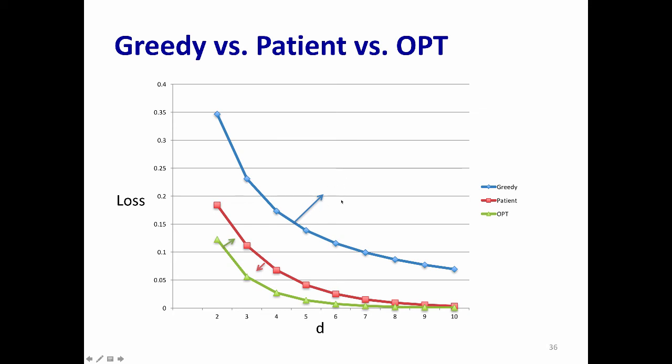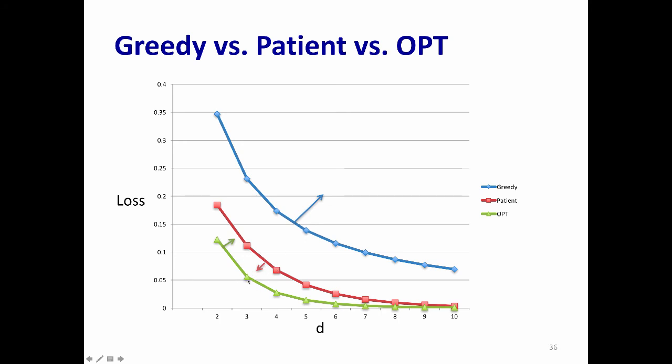So if you greedily match agents, if you try to match as many agents as possible as soon as they arrive, then your loss cannot be below this blue line. The red curve is the upper bound on the patient algorithm. So if you are patient and match critical agents, but then are completely local and naive in which agents to match, then your loss cannot be more than this red curve.